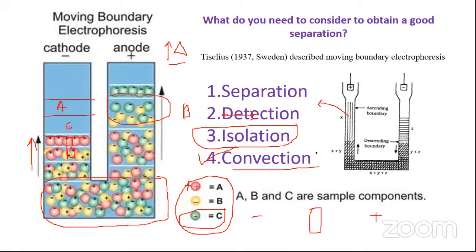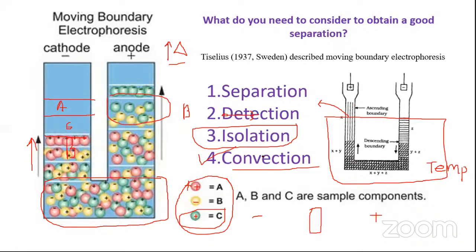By hook or crook, I have got this situation in which I have placed this entire assembly, for example, in a jacket which is filled with a coolant. So I am maintaining the temperature, so the problem of friction is gone. I can put it in a water bath and maintain the temperature.